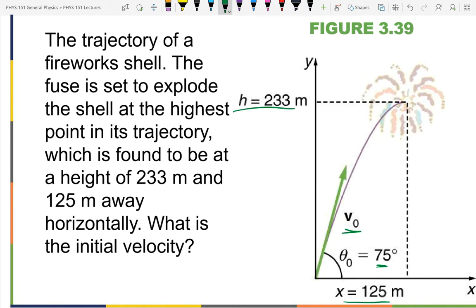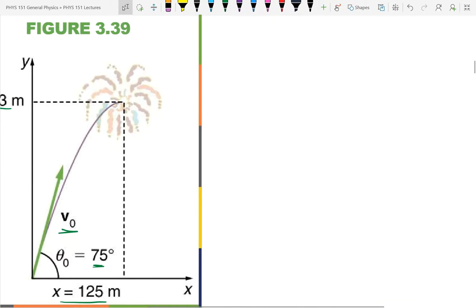What we do to solve problems like this is we solve two separate problems. One problem, the horizontal direction, the x component. The other problem, the vertical direction, the y component. So I break my variables up and I say, okay, x initial was equal to 0, x final is equal to 125 meters.